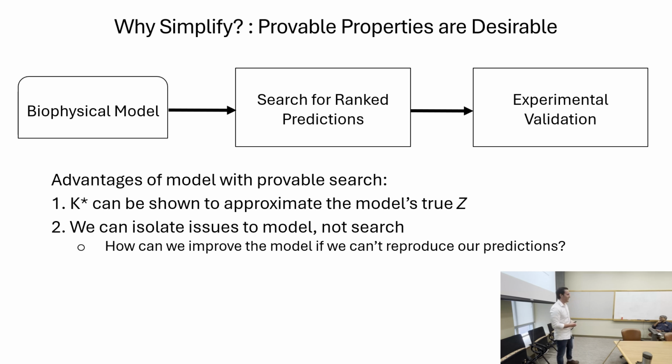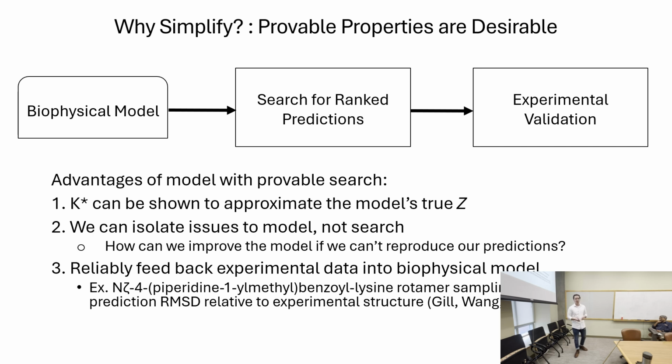The second is that we can actually isolate our issues to our biophysical model and not our search. So what that means exactly is that we can actually feed back information from our experiments into our biophysical model. One of my favorite examples of this was just recently, a non-canonical lysine rotamer. They were doing designs for non-canonical binding.